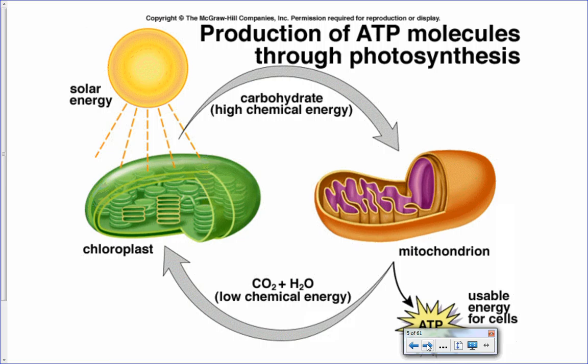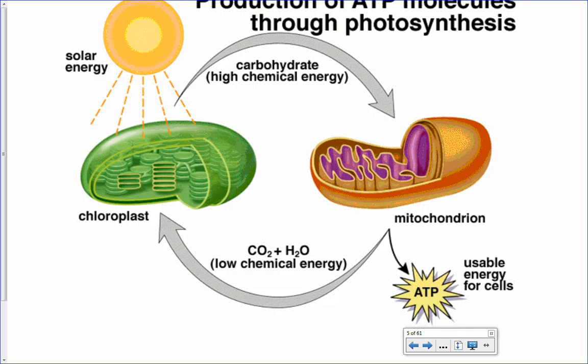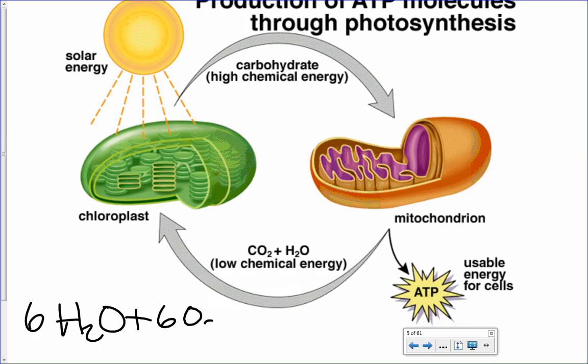I wanted to remind you of this process. You might be thinking, Miss Olson, photosynthesis, this is not what we're talking about anymore. But it is. Remember that chemical equation I showed you? Off the top of my head here, plants start off with water, H2O, and they also take in CO2, 6 carbon dioxide.